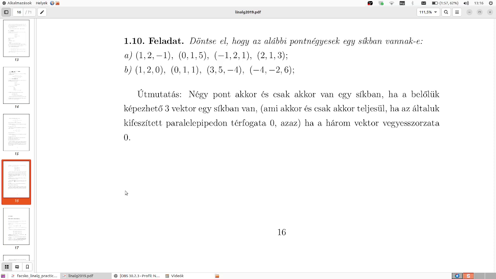Okay, I have three vectors. I made a determinant from them and calculate the determinant.